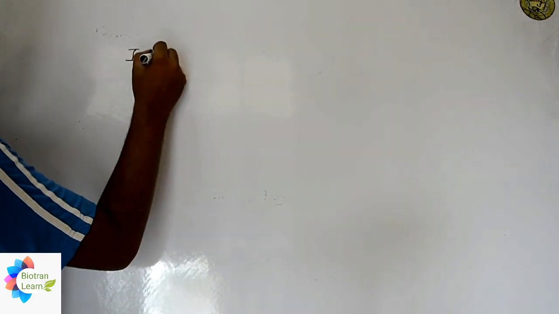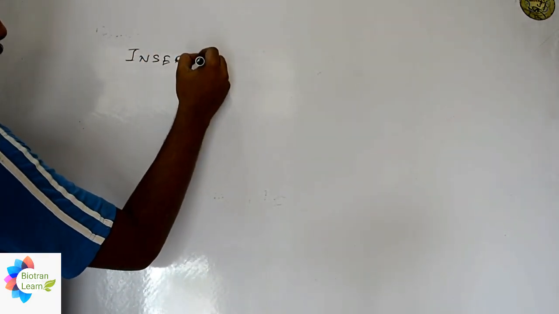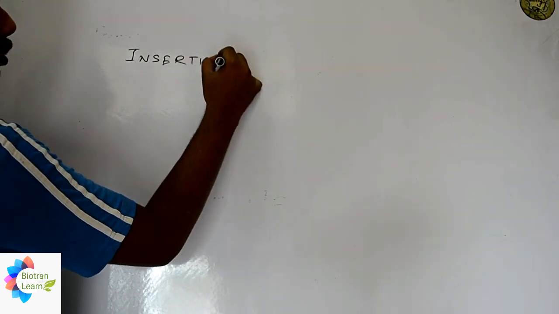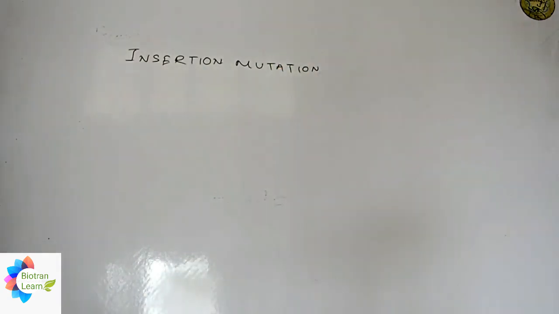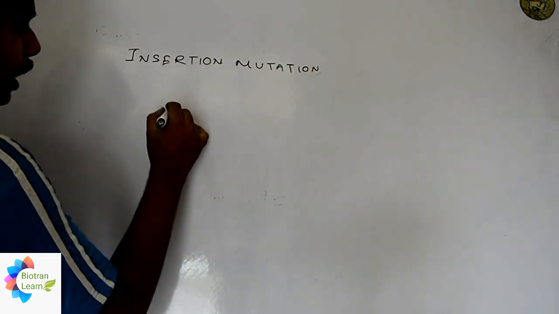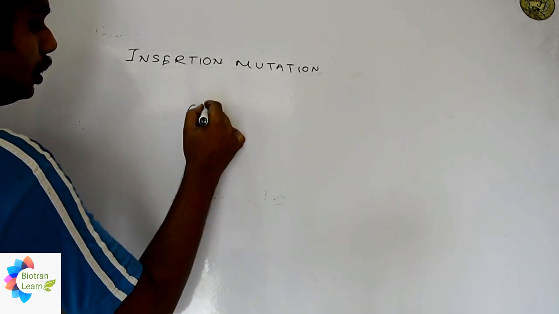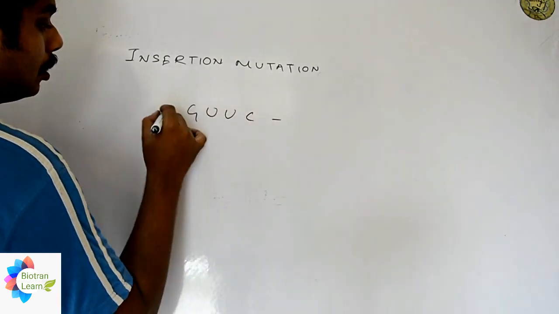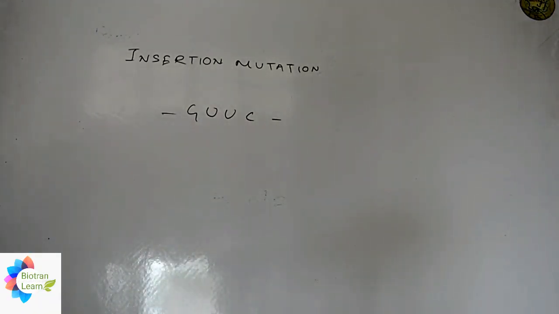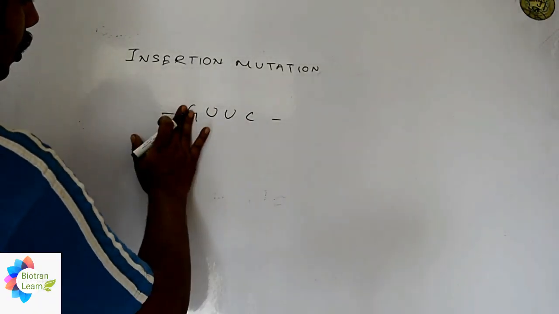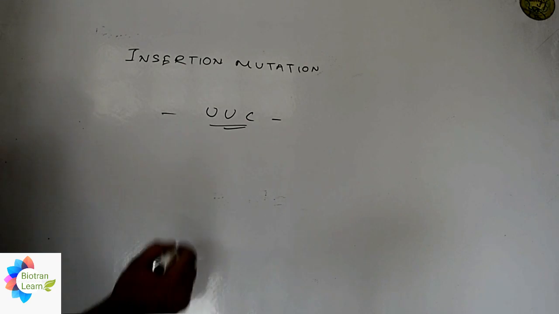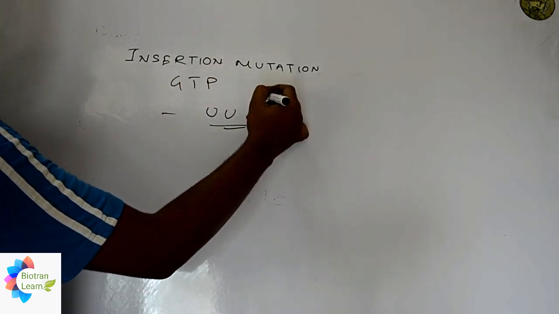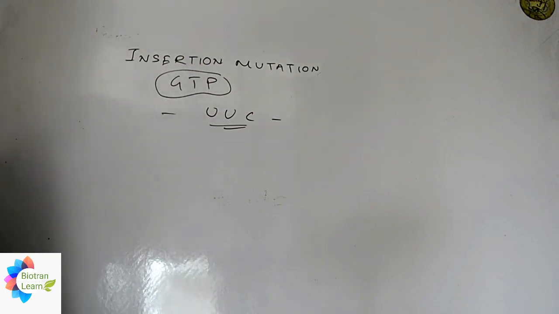Insertion mutation. What happens in case of insertion? We will have, suppose there is G, U, U, C, right? Previously, suppose U, U, C was there. Now, GTP was around this section and it is being inserted in this section.